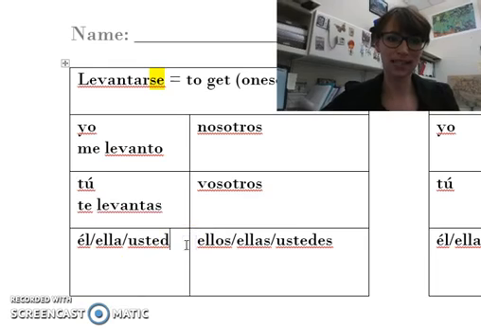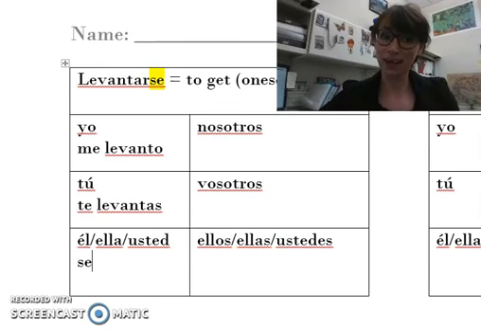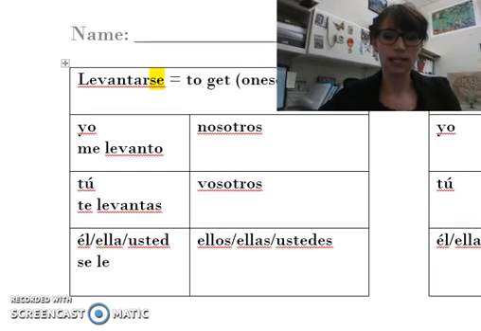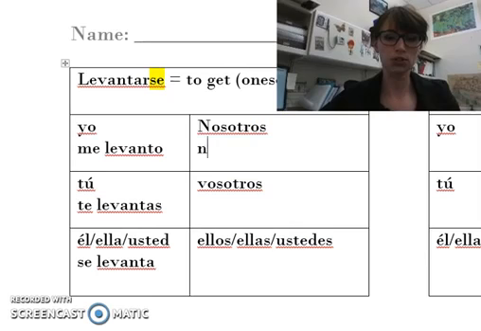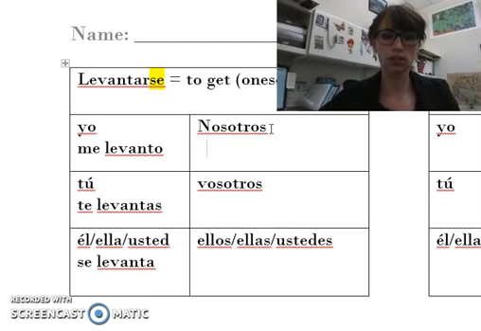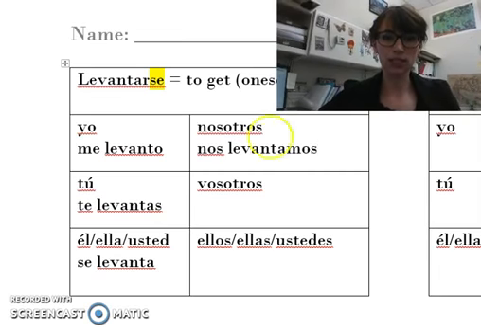Tú te levantas. For él, ella, and usted, the reflexive pronoun stays se, but I do still have to move it to the beginning, before the conjugated form. And the conjugation for a regular AR verb is levanta. Nosotros, the reflexive is nos. And then I'm going to conjugate the verb as levantamos.